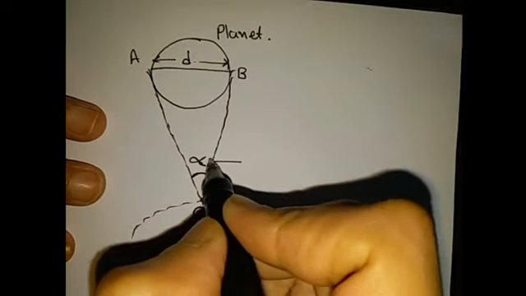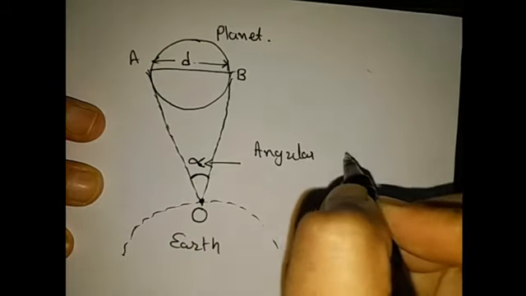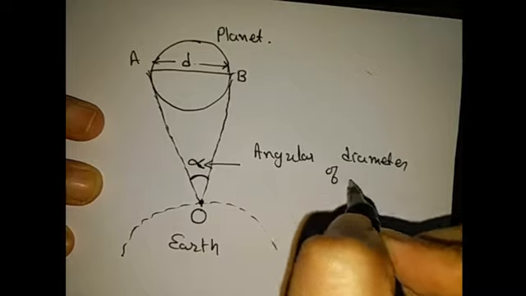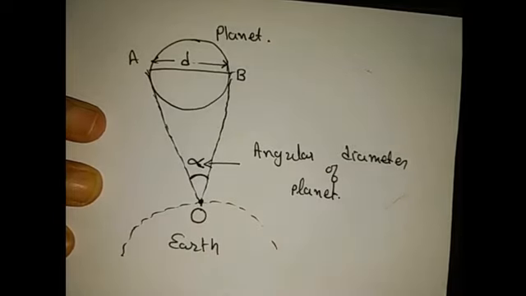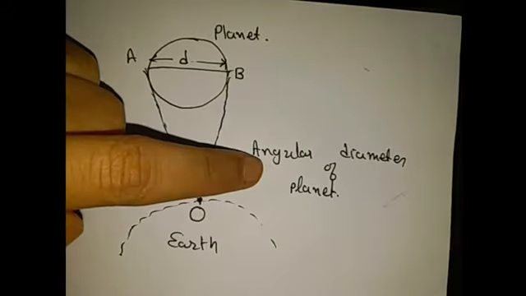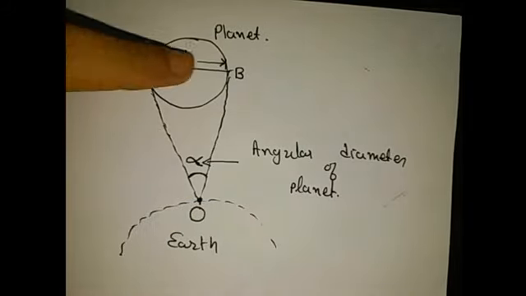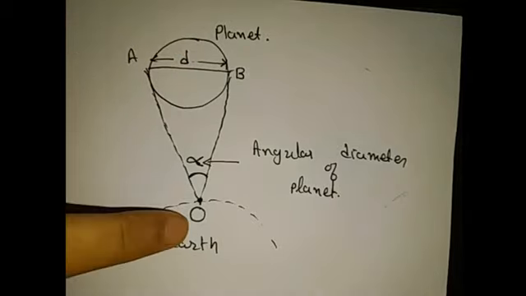Alpha is known as angular diameter of planet on earth. So what is the definition of angular diameter? Angular diameter क्या है? Angle subtended by diameter of planet on earth.